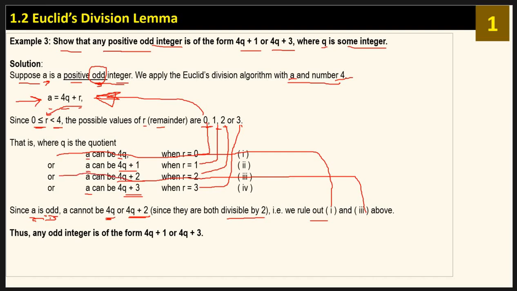So a cannot be this and a cannot be this. We are left with a, which is an odd integer, being either equal to 4q plus 1, which is this, or equal to 4q plus 3, which is this. And hence we have solved what is asked of us in example number 3.